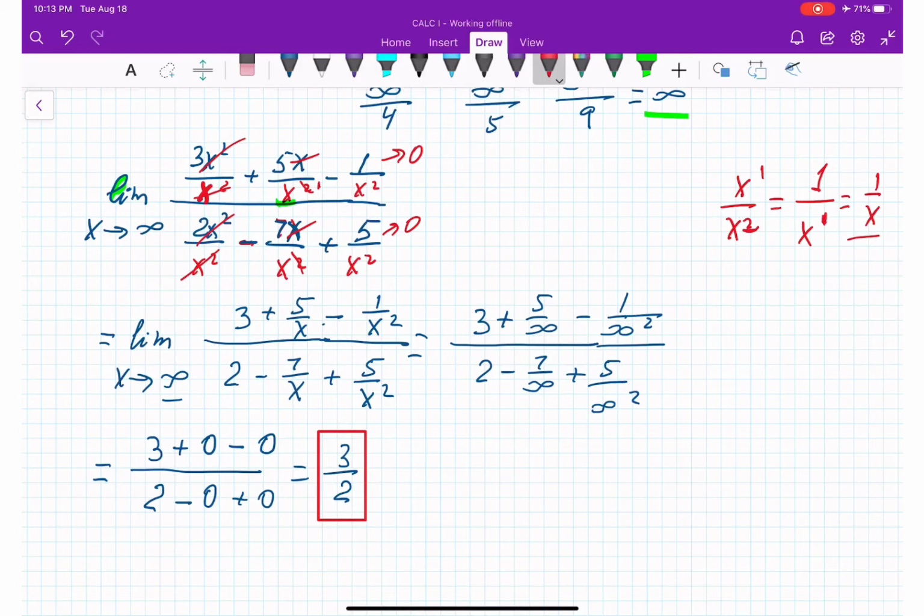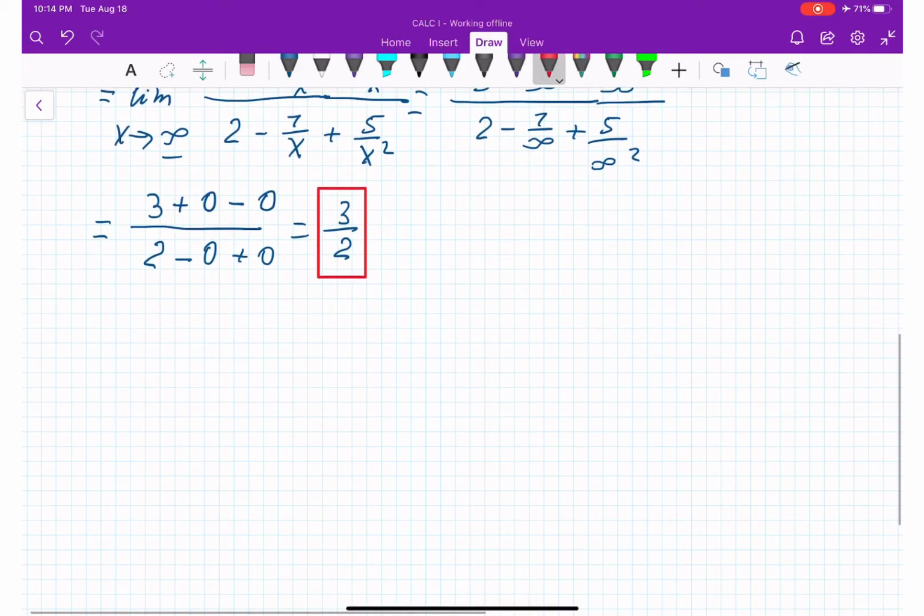So, moving to the next question. Let's see what we're going to get. So what do we have here? We have limit x approaches infinity.